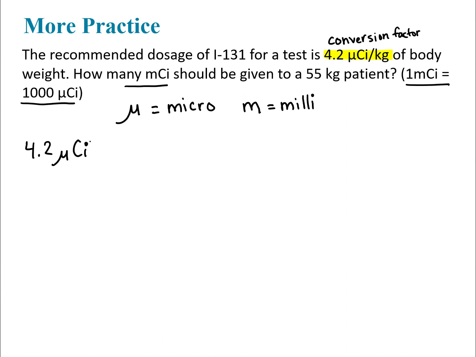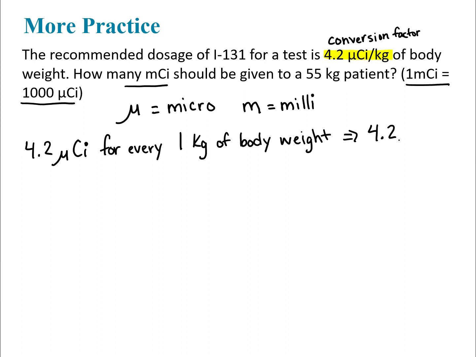The dosage is 4.2 microcuries for every 1 kilogram of body weight. That's our conversion factor.